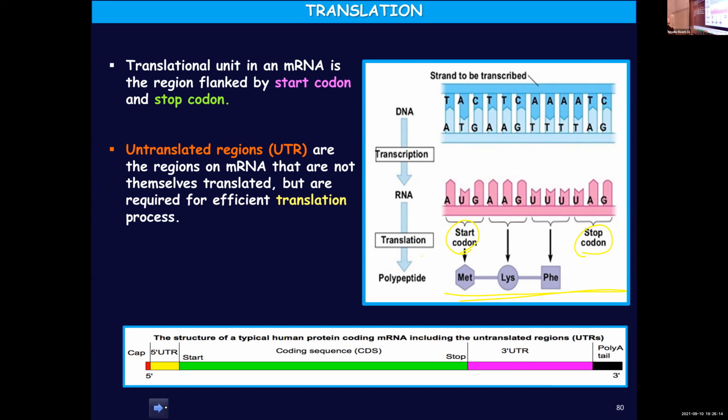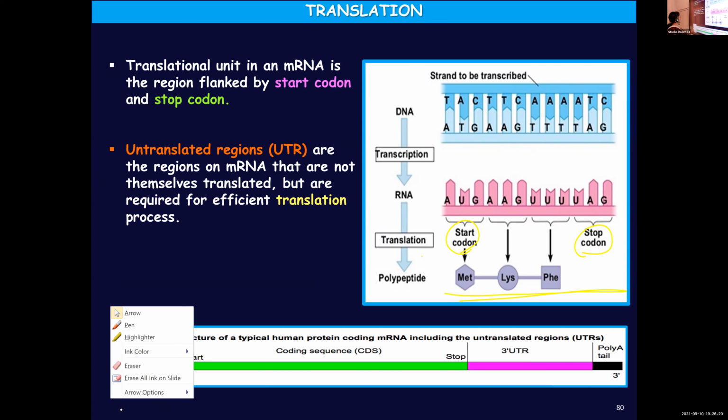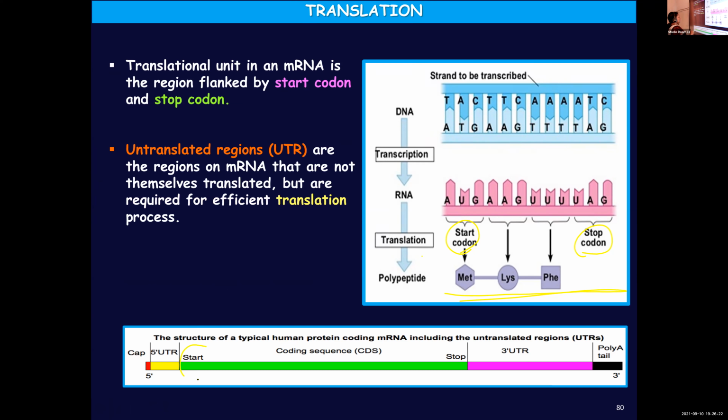And then see the next figure. Here you can see the start codon, and here it is the stop codon. But you can see on the 5' end a yellow colored part and on the 3' end some purple colored part. Those are not included in the translational unit.